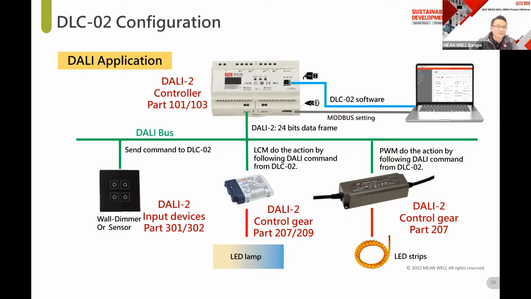In the DLC software, you just pair the left button to the LCM and pair the right button to the PWM. After all the pairing and parameterization are done, download the parameters into the devices, and you can remove the laptop from the DLC. Then the DALI lighting system will work properly according to your settings in the DLC software.